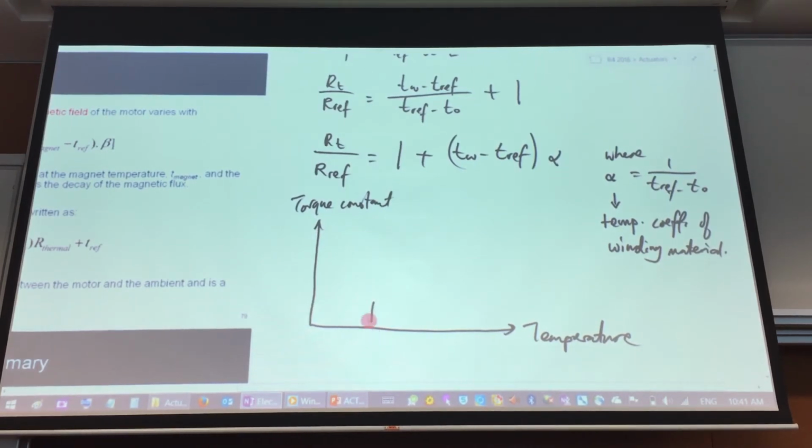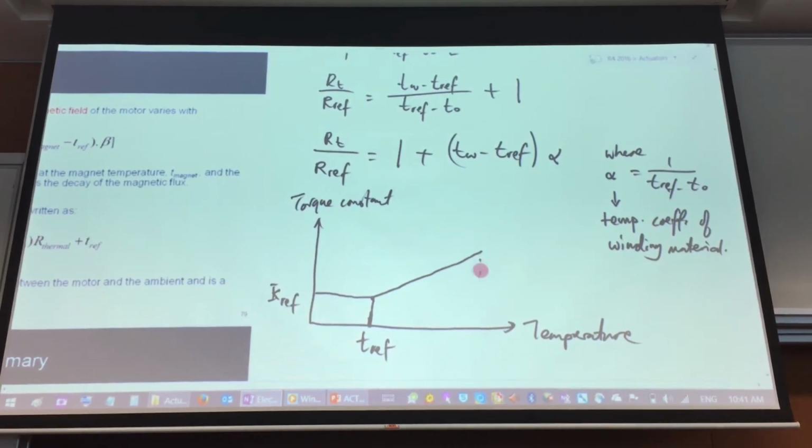So again, we're going to have this as our reference temperature. The reference temperature can be room temperature, and we have the torque constant as my reference torque constant. And as we increase the temperature, correspondingly your torque constant is going to change.